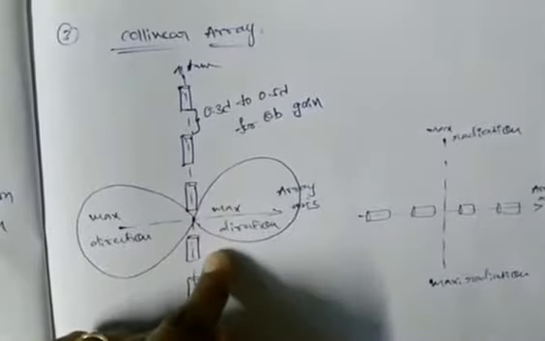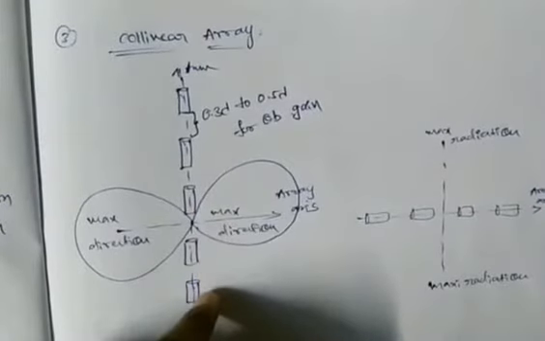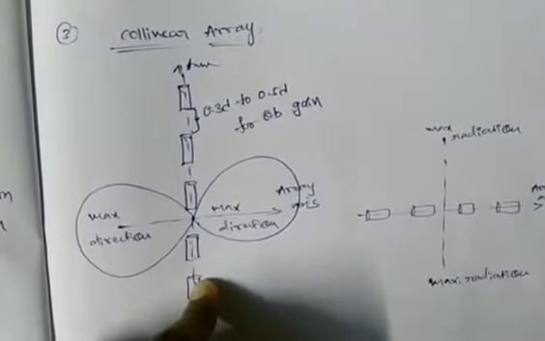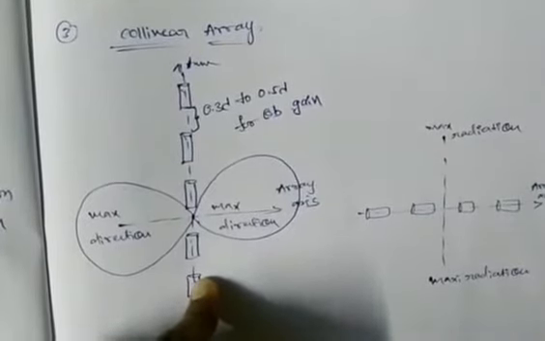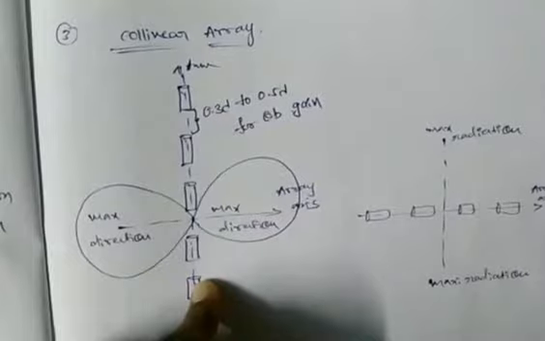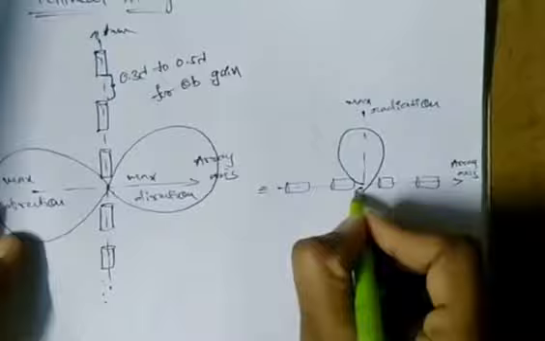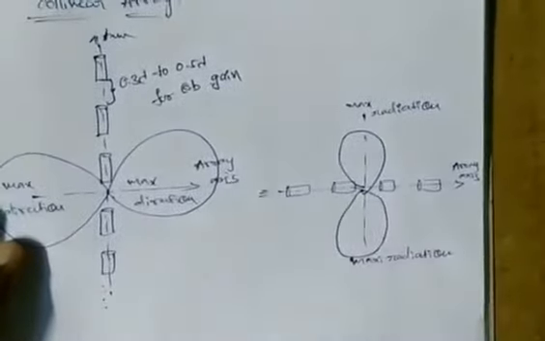To overcome those problems, we attach insulators at the ends of the antennas. Like that, we overcome the constructional and feeding problems in the collinear array. The collinear array structure may be like this or like this. Here this one is the antenna array axis, so the maximum radiation exists perpendicular to the antenna array axis like this.